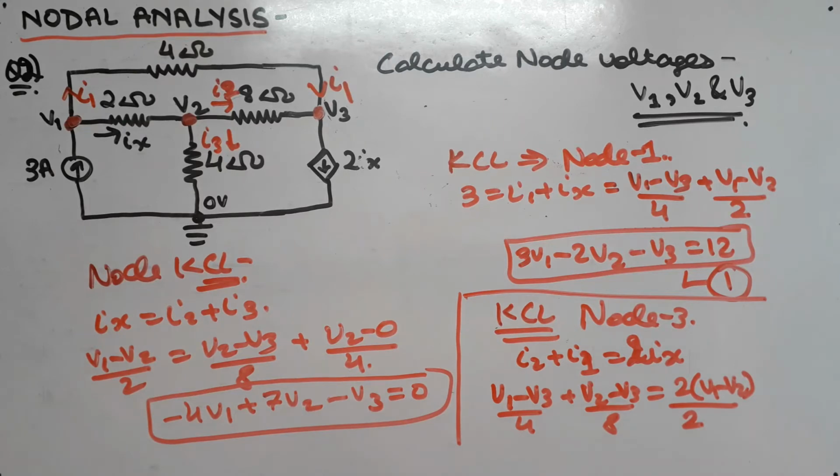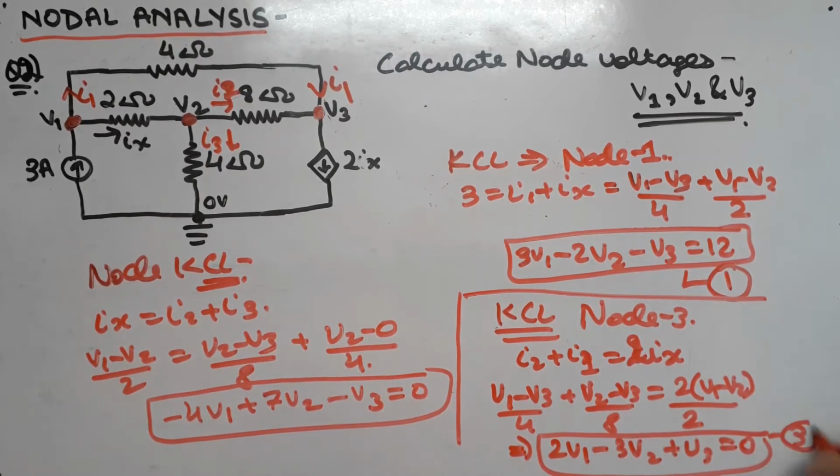Now on solving this further, you will get the final equation as 2V1 minus 3V2 plus V3 is equal to 0. That is equation 3. And let us name this equation as equation 2.